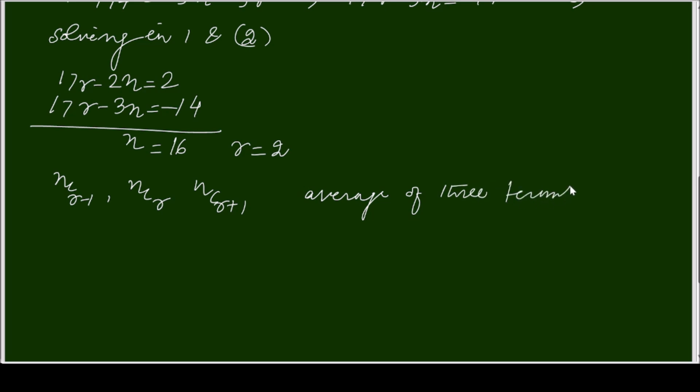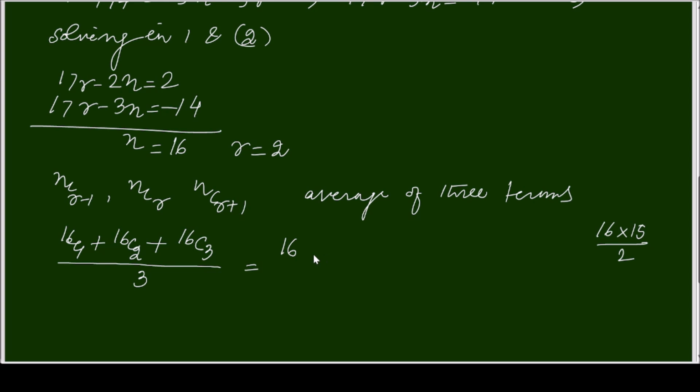Average of 3 terms will be 16C1 plus 16C2 plus 16C3 over 3. 16C1 is 16, and if we calculate 16C2, it will be 16 into 15 by 2, that will be 120.